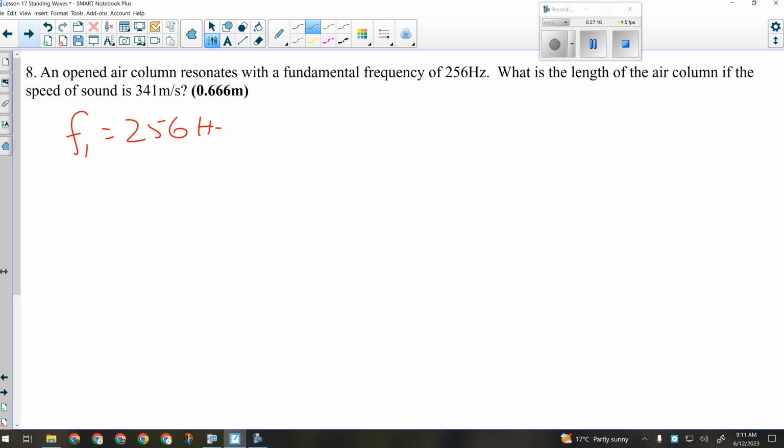What's the length of the column if the speed of sound is 341? Lambda equals 4L or 2L? 2L, because now it's an open air column. And that's really the extent of the trickery that can go on in a question like this. Is it open or closed?